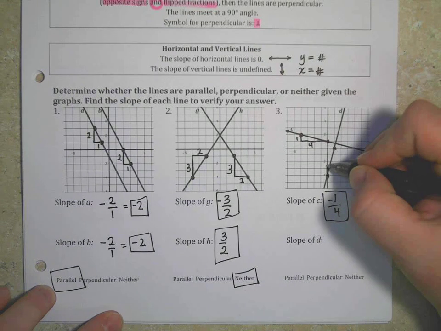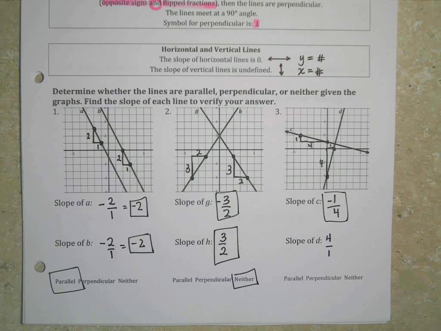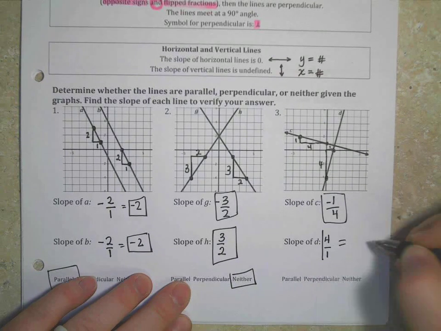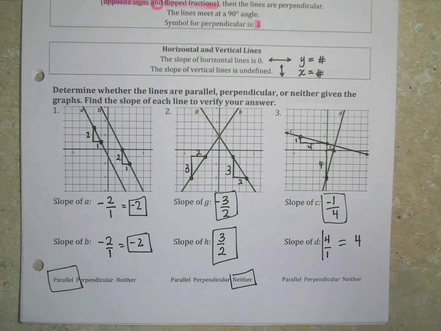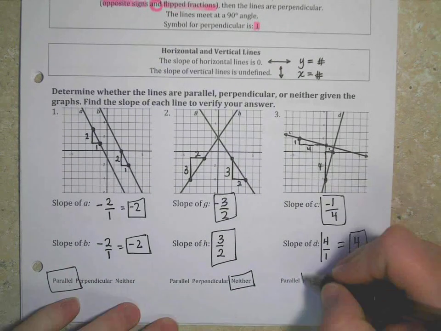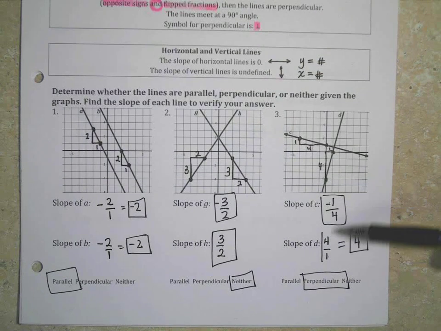So we go up 1, 2, 3, 4 over 1. So rise of 4, run of 1, because we went up and right, so it is a positive slope. Whoops, let's simplify that to just 4. So that is our answer. And then these will be perpendicular because they are opposite signs, and if I flip that fraction over, we've got the right thing.